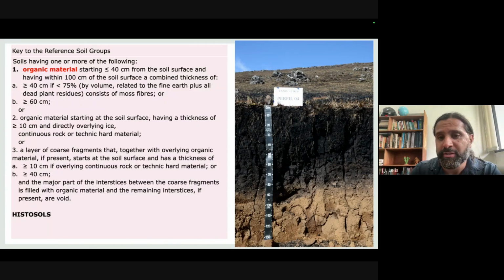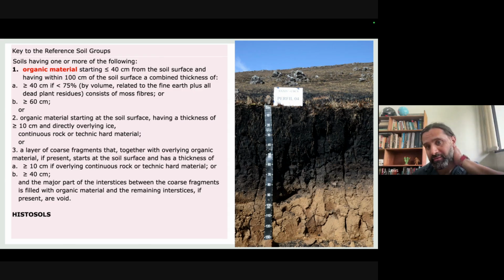This third option is expressing some coarse and skeletal materials. So in some soils, you could register a huge amount of coarse fragments, pieces of rock, and between these coarse fragments, between these gravels, you can see a lot of organic material filling these voids. Okay, these are the three options that we have.